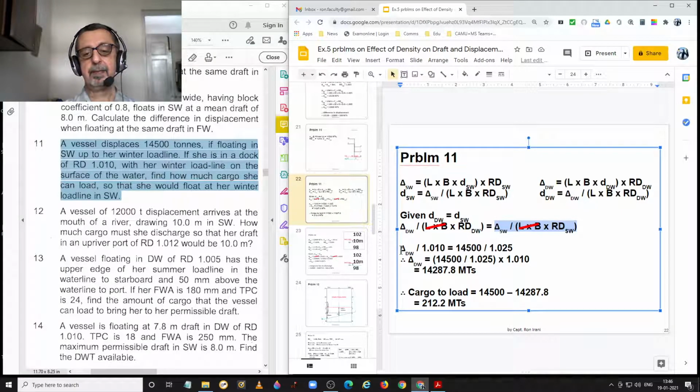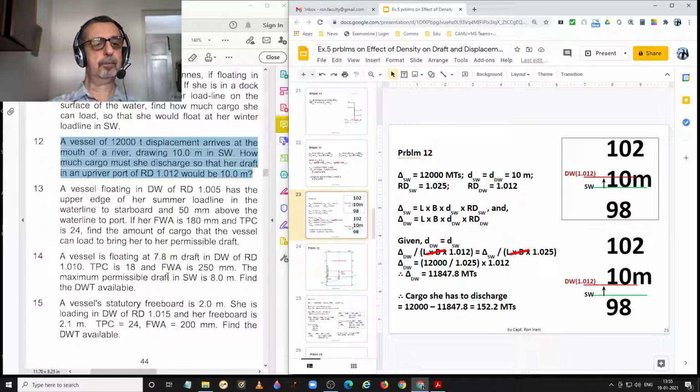From this we find, after we cancel out length into breadth on both sides, displacement in dock water is equal to 14,500 divided by 1.025 multiplied by 1.010, giving us a value of 14,287.8 metric tons. Therefore, the cargo to load will be equal to 14,500 minus 14,287.8 equal to 212.2 metric tons.